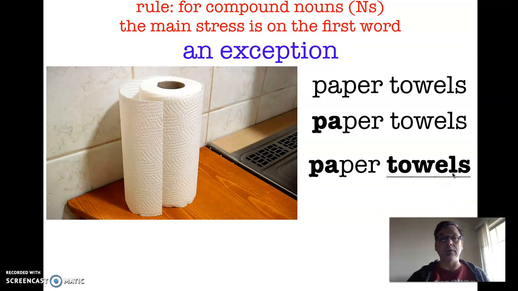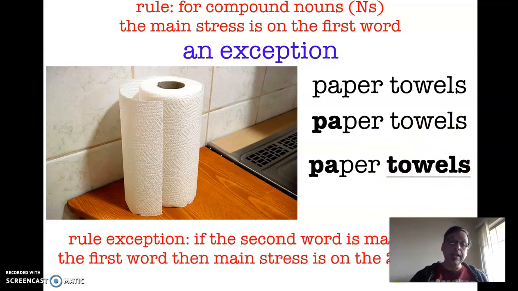Paper towels. The main stress is on the second word. Well, why? The exception: if the second word is made up of the first word, then the main stress is on the second word. So these towels are made of paper. So the stress goes on the second word.